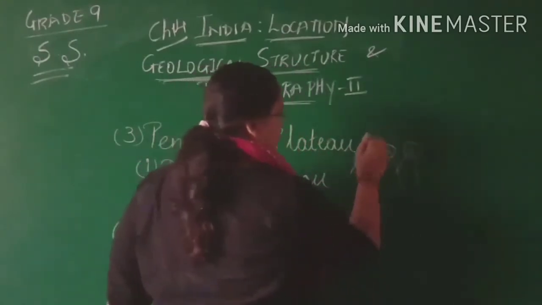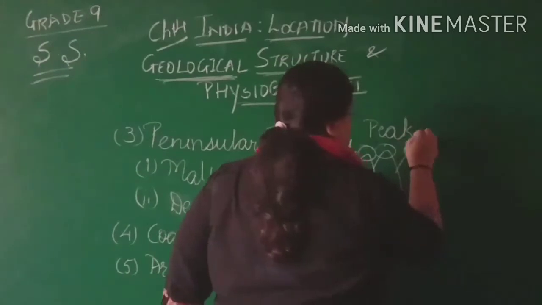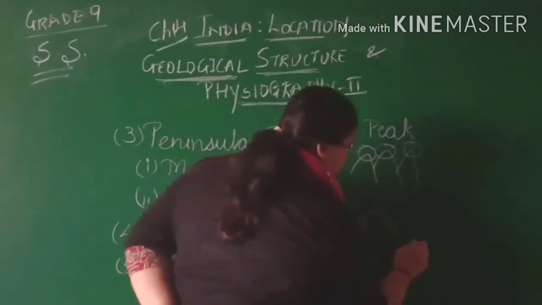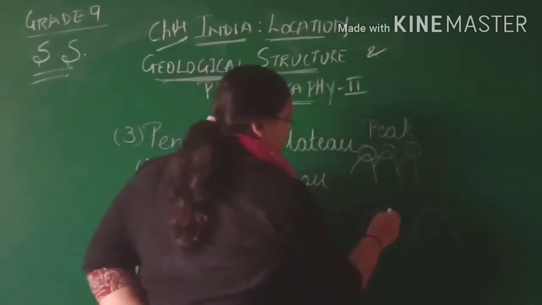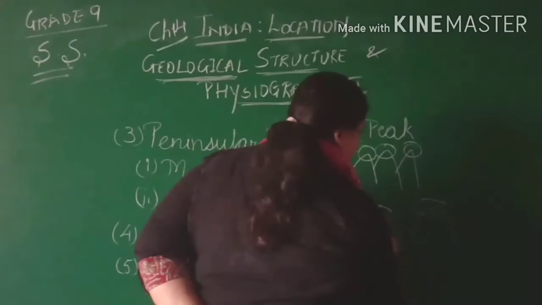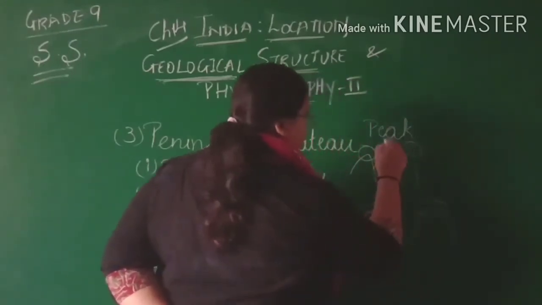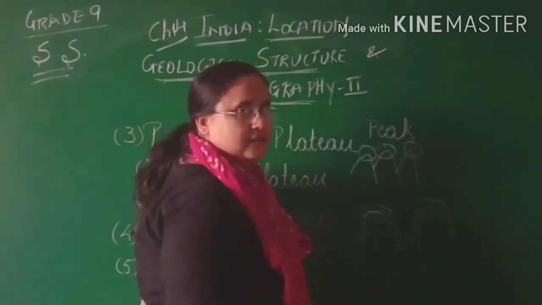This particular portion is point A, and we call it the peak. As compared to this, when we talk about plateaus, mountainous areas are like this. The topmost portion of the mountain is quite flat as compared to the mountainous areas. Such type of area we call the plateau.